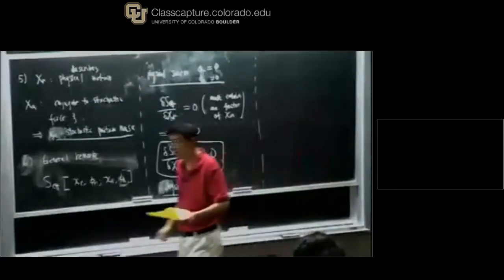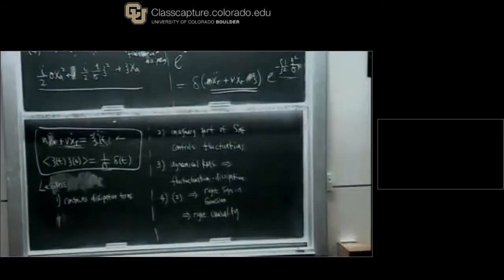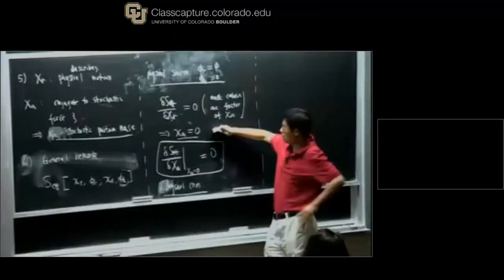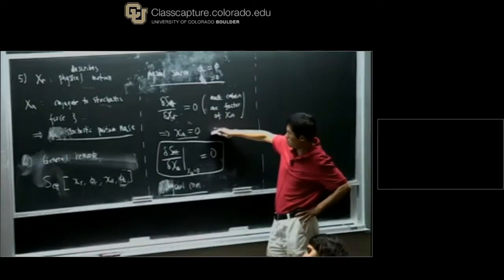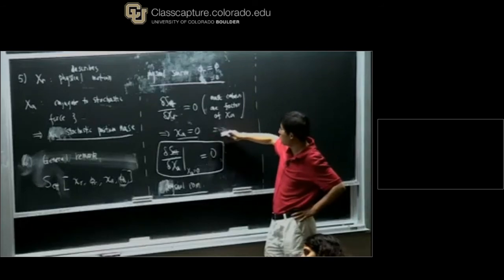Good. Now with this, yes. Could there be other solutions like phi is not zero and slope at the same time? Personally, I don't know any example which happens.